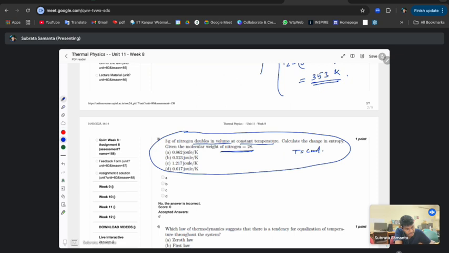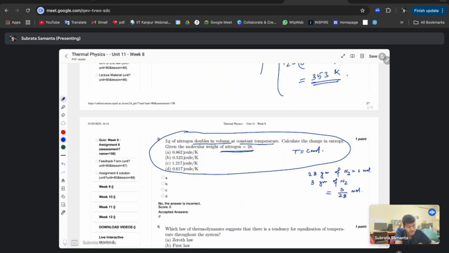So 28 gram of nitrogen equals 1 mole, right? So first convert that: 3 gram of N2 equals 3 over 28 mole, right?